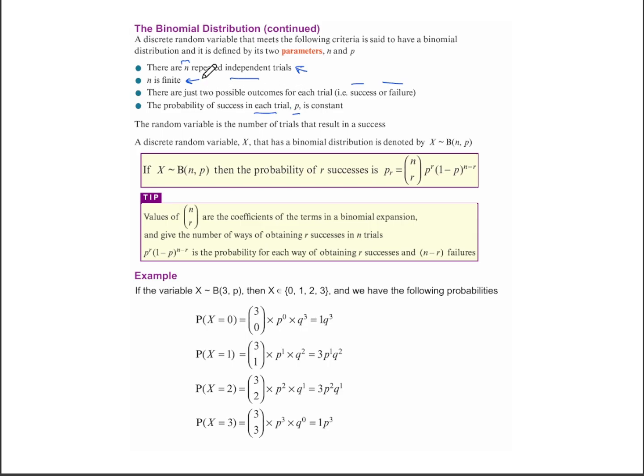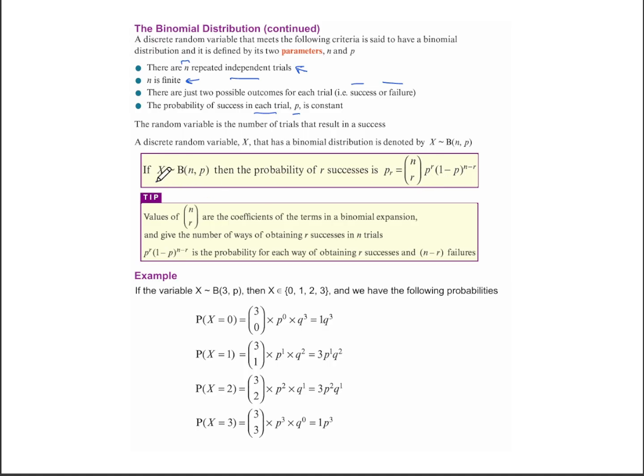Then if that's the case, your random variable X that has a binomial distribution as per these criteria will be denoted by X squiggly line B, B standing for binomial, and the two parameters which are very important, which are the number of trials that there are and the probability of success.